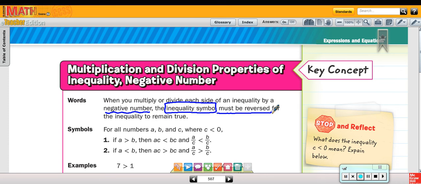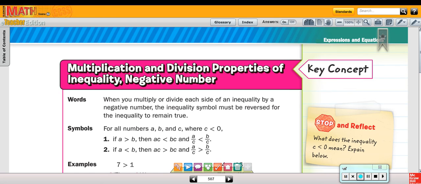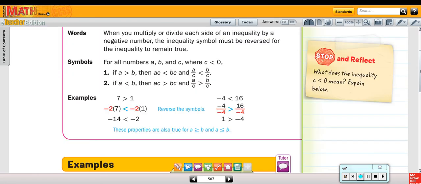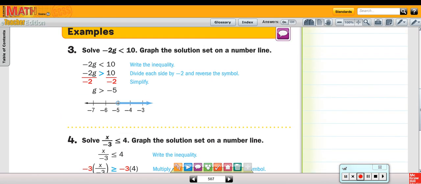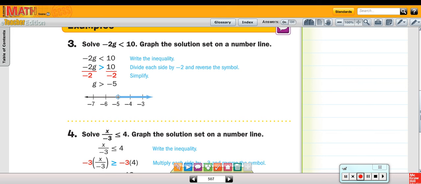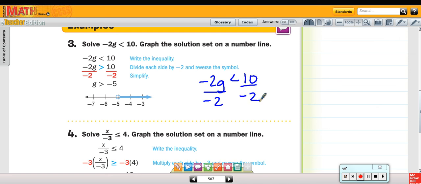Okay, so if we have something like this example here, in number 3, negative 2g is less than 10. Well, I would be dividing both sides by a negative. Anytime I multiply or divide by a negative, it is going to reverse the symbol.